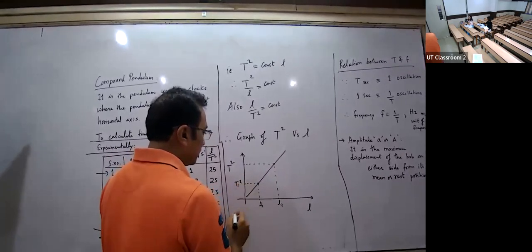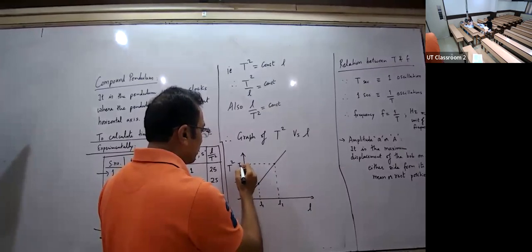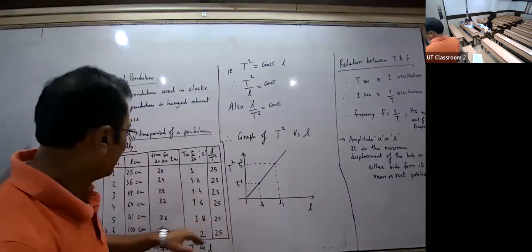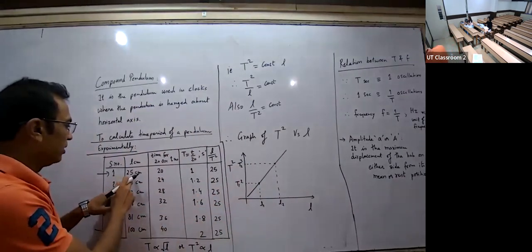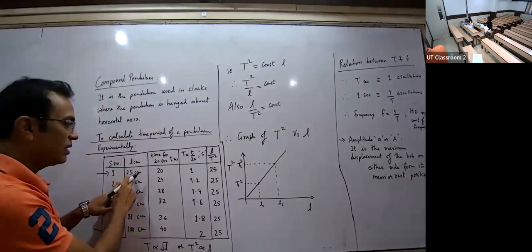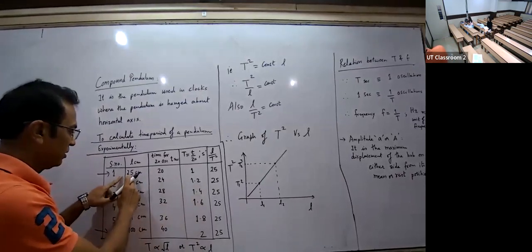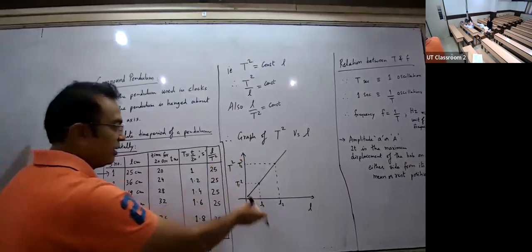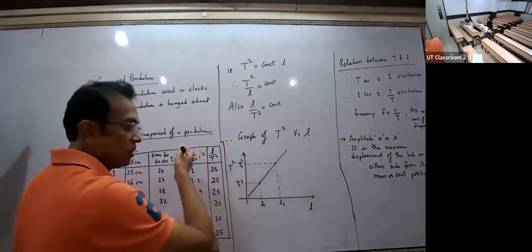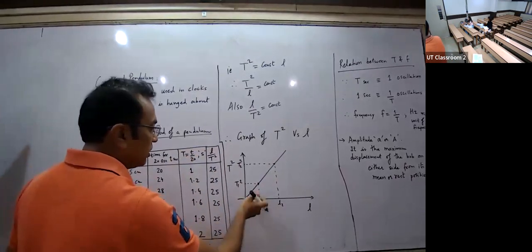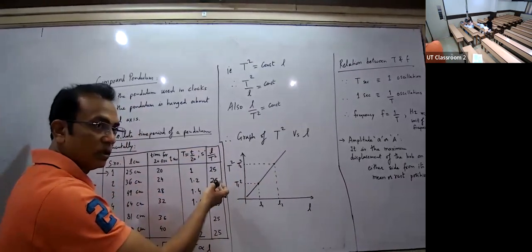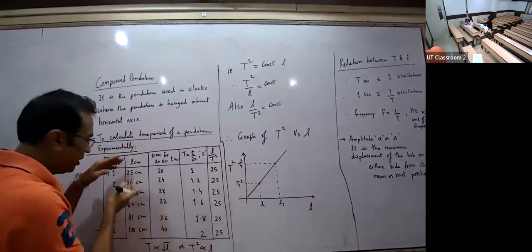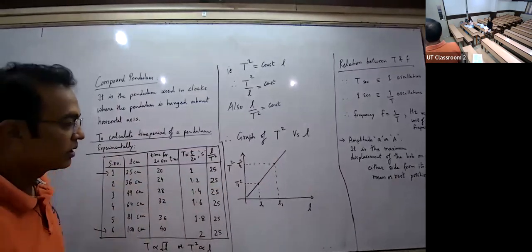T1 square. Here you will get T2 square. Got it? Basically, you could have taken L1 as 25, then L2 as 64. But if you want to take any values in between, then this is the technique. For any value of L1, corresponding is the projection on the y-axis. For any value L2, any random value in between, okay? This is how you get it.